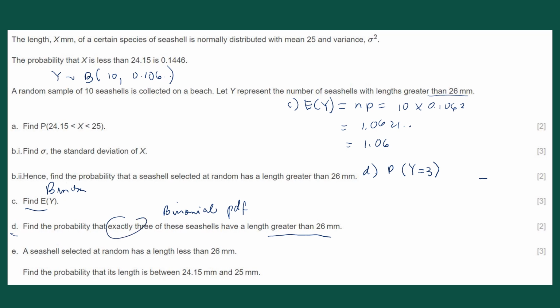So in your calculator, for binomial PDF, you will encode the following. It will ask you for the number of trials, which is 10, the probability of success, which is the value previously encoded, 0.10621, etc. And then it will ask you for the value of x, which is exactly 3.